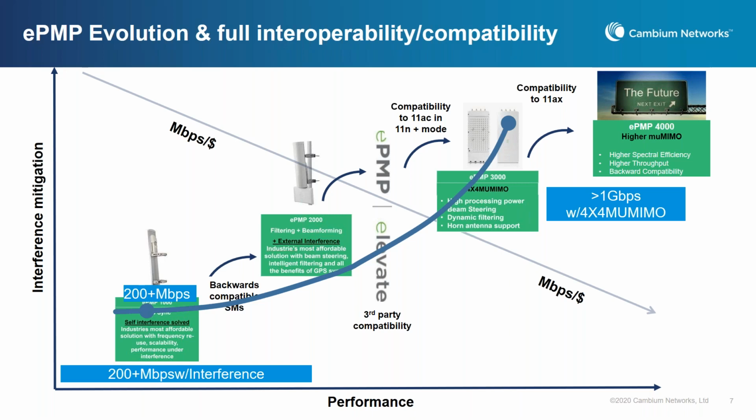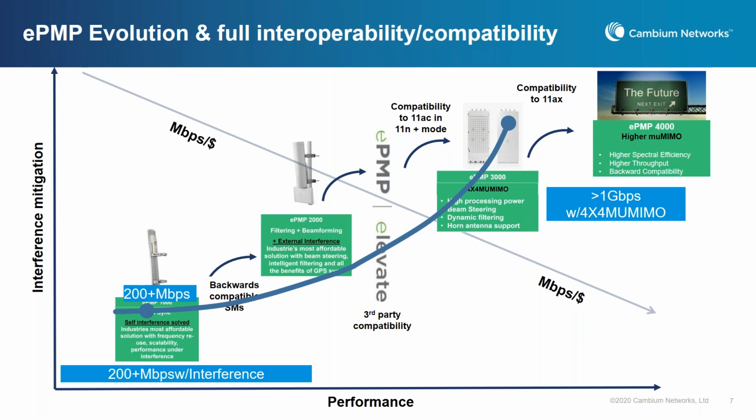But what's important for this conversation is that it also brings backwards compatibility. We're committed to building the ePMP, call it 4000 or next generation ePMP, such that it will interoperate with 11n and 11ac subscriber modules.